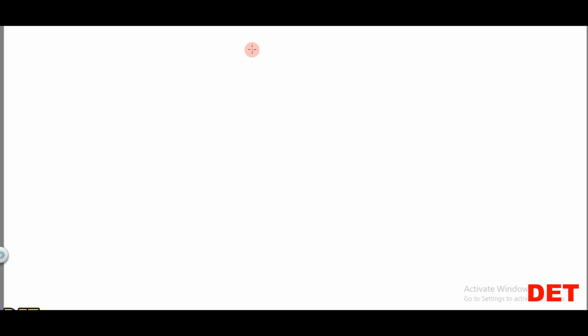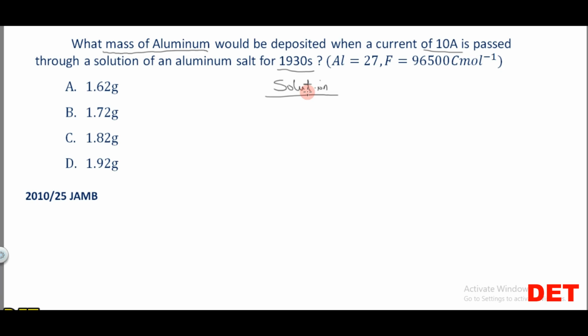It's very important that you should know that aluminum is an example of a trivalent element. It belongs to group 3 of the periodic table. So as a trivalent element, it is going to have an oxidation number of +3.